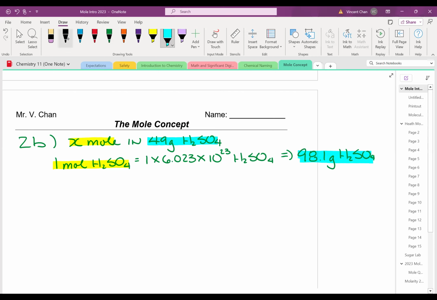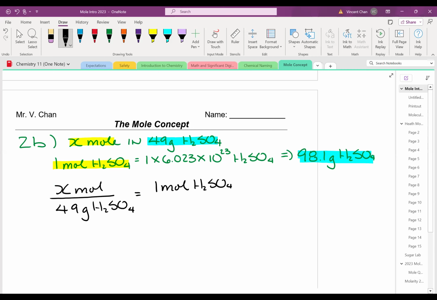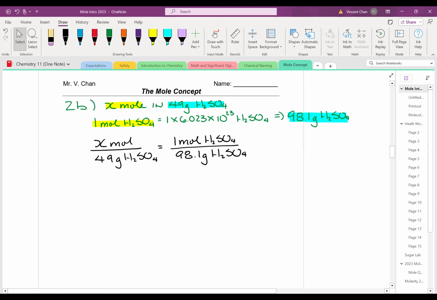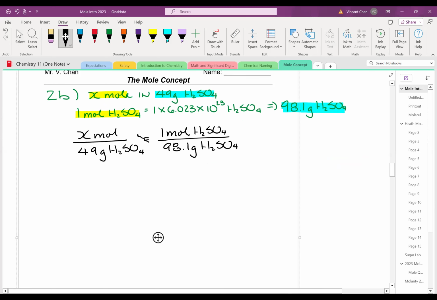Okay, so then I set up the question. X moles over 49 grams of H2SO4 is equal to 1 mole of H2SO4 all over 98.1 grams of H2SO4. Again, I do cross multiplication.